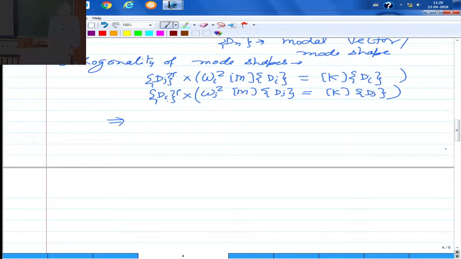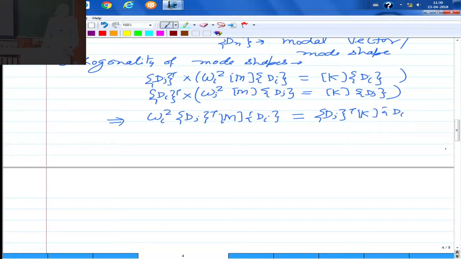The first equation would give you omega i squared, because it's a scalar, I can write it anywhere, so you will have dj transpose into m into di is equal to, on the right hand side, dj transpose into k into di. That is the first equation.